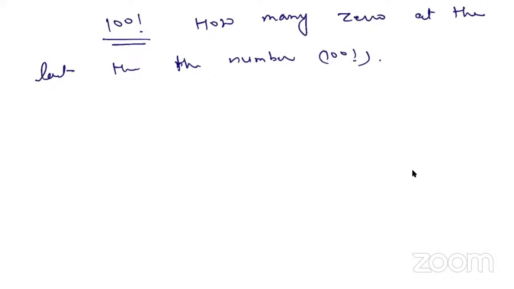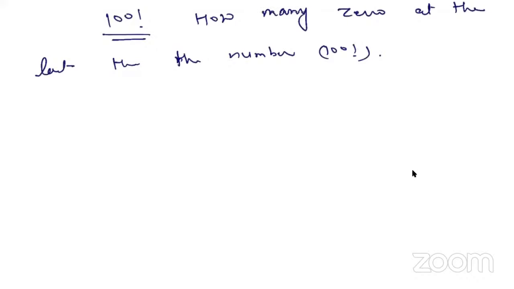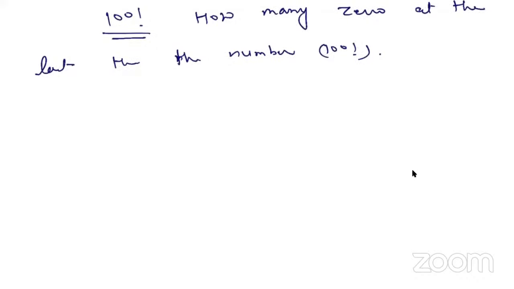First we'll start with the basic formula. How many zeros are we getting there? Numbers are written 1, 2, 3, 4, 5, 6 up to 100, and we have to multiply all the numbers. But we know that zero has to come with a multiple of 5 and an even number.